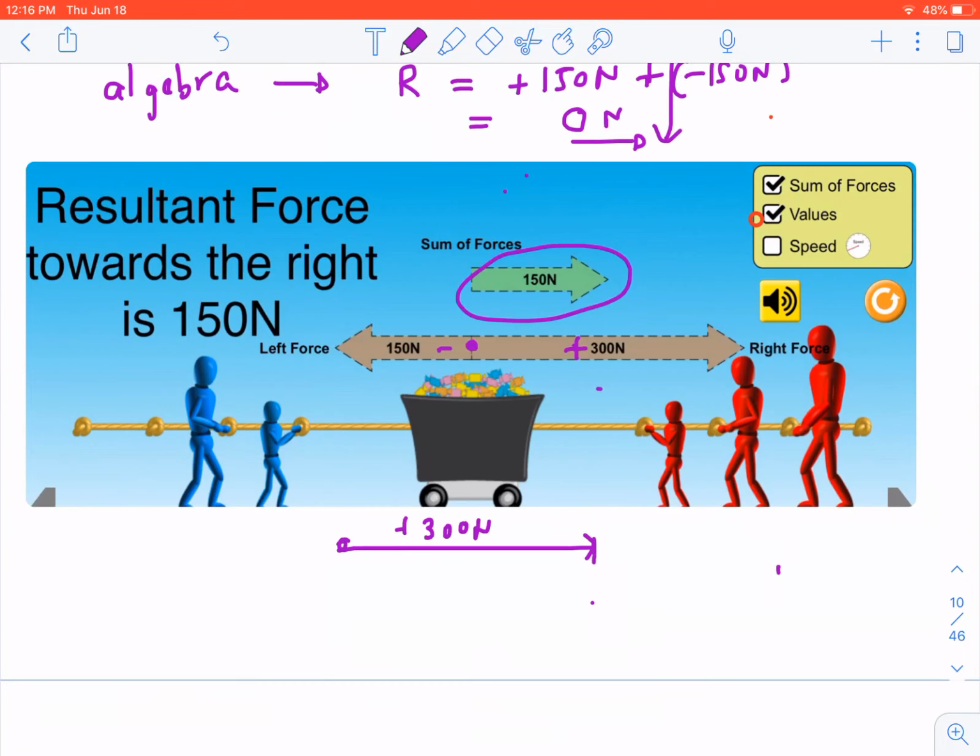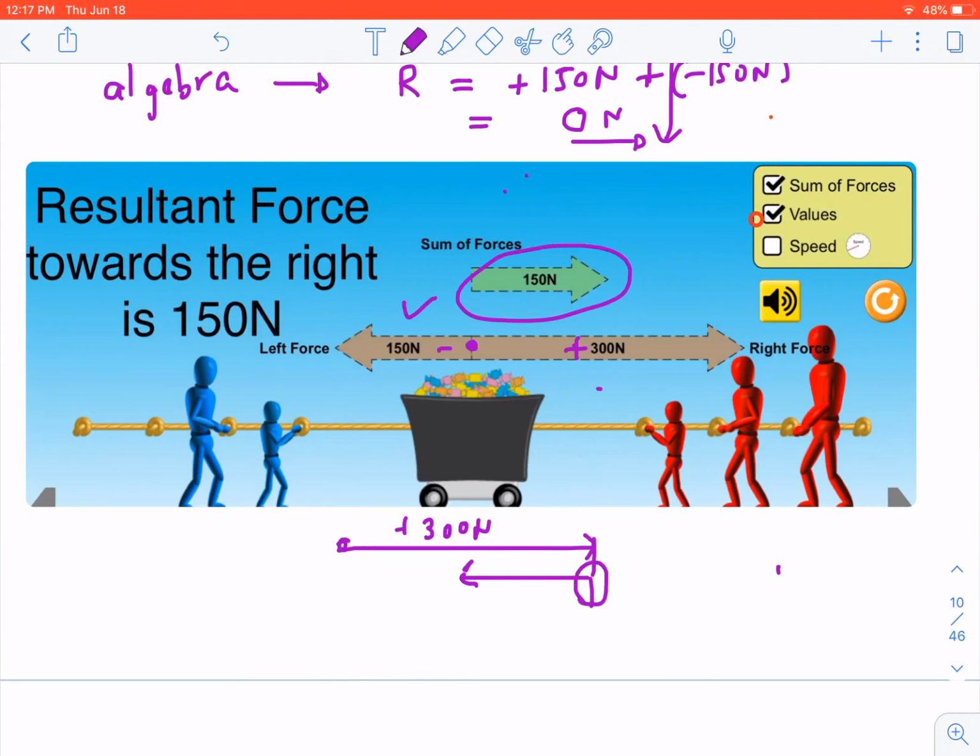So that's my first vector. Now I need to represent the other vector. That one goes halfway there, and so that's my head, and here again my tail, to there.